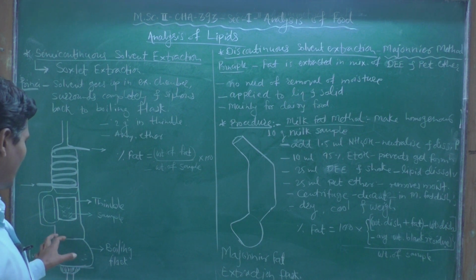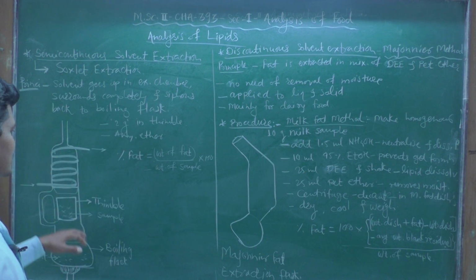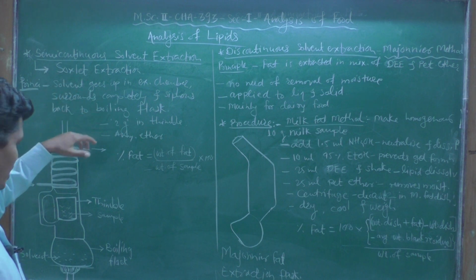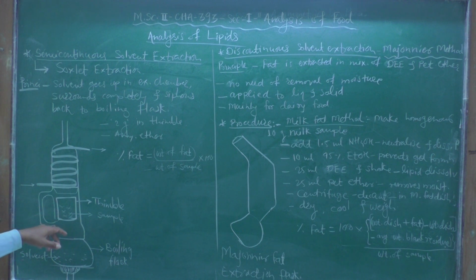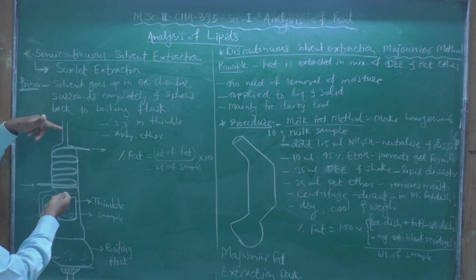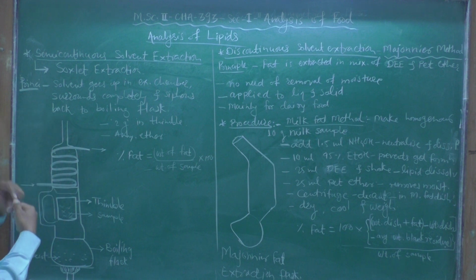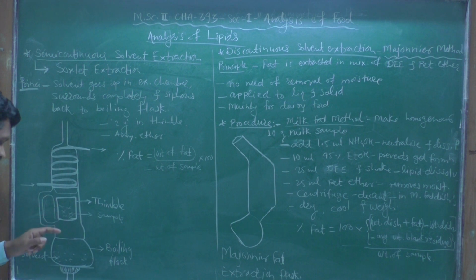On the neck of this flask, a Soxhlet apparatus is placed, set up just like a condenser. From this to this is the Soxhlet apparatus, and on the top of the whole setup there is a water condenser, with a water inlet and a water outlet.